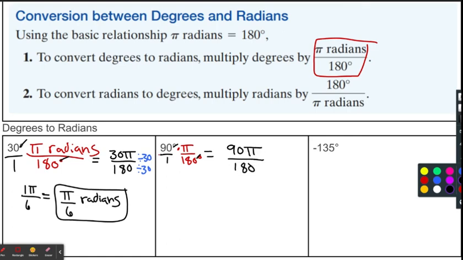And then we work on reducing the fraction. Both 90 and 180 can divide by 90. All right, and when I do that, 90 divided by 90 is 1 again. So I get 1 pi. And then 180 divided by 90 is 2. 1 pi over 2, or another way of saying it is just pi radians over 2.